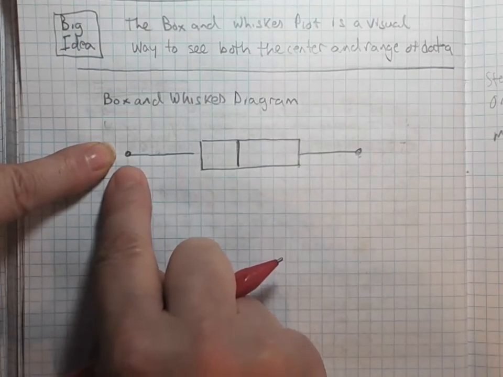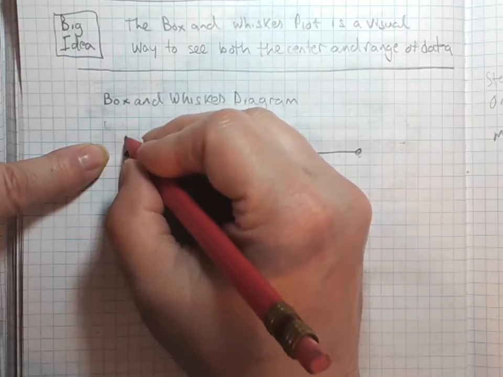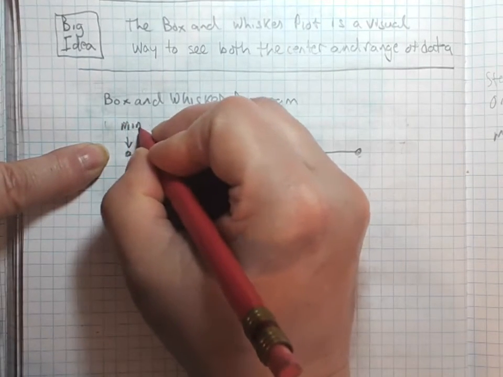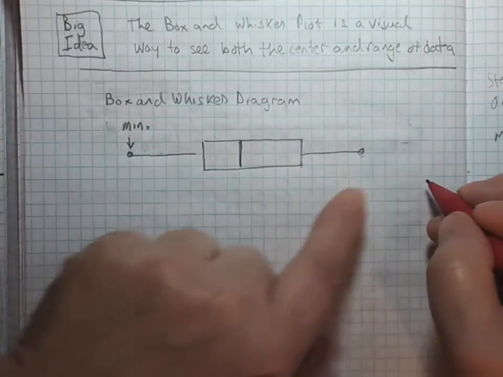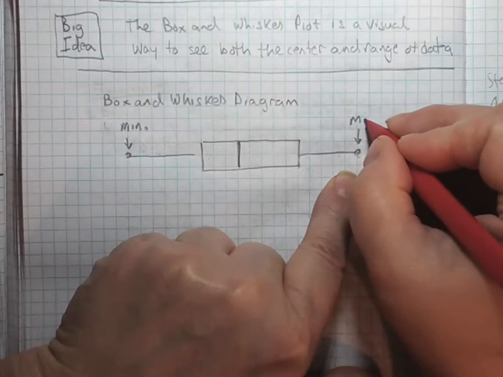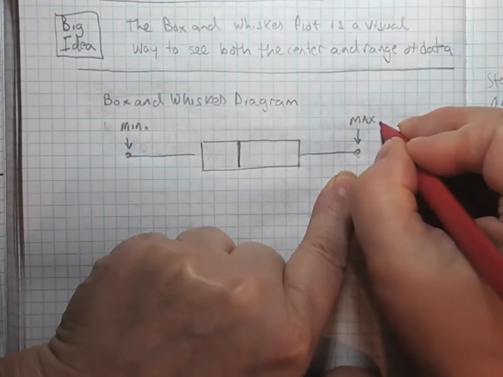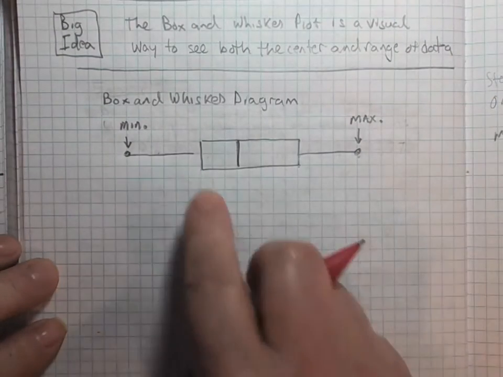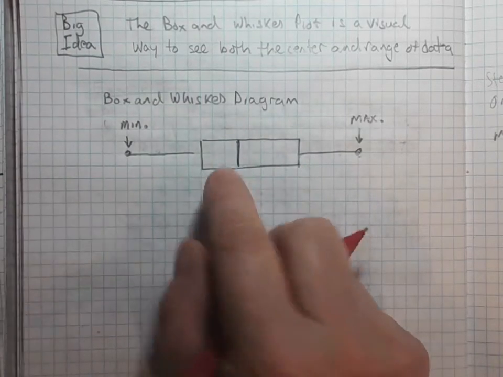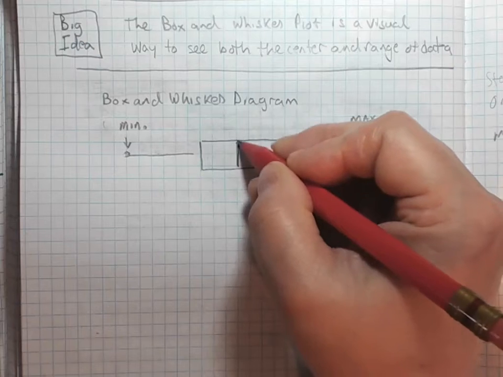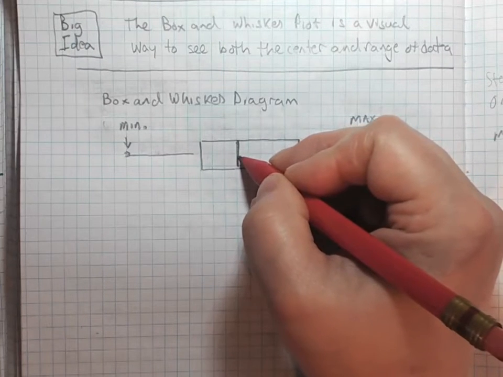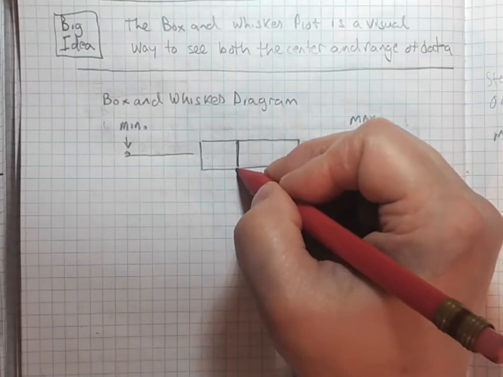This left dot right here is the minimum value, and this end is the maximum value. If you remember that we measured the center of the data, this is the center, and this is a measurement of the median of the data, not the mean, not the mode, but we use the median.